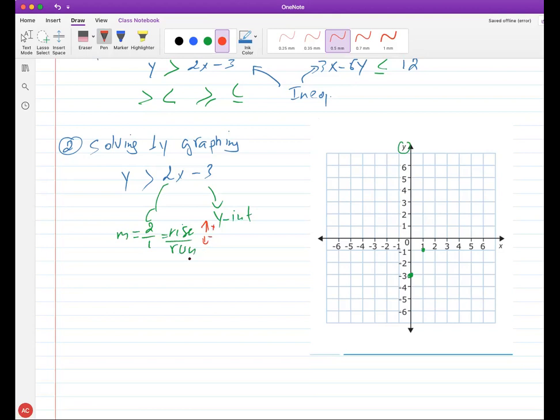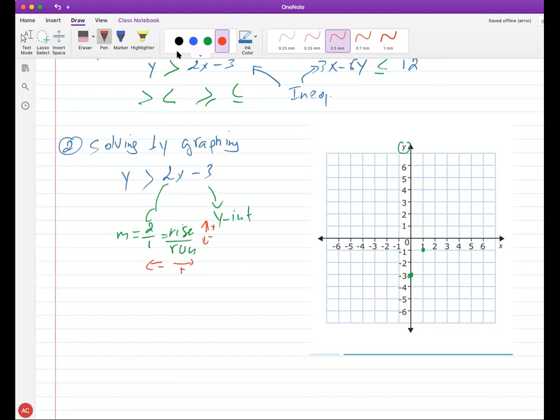If it's negative, we go down. Same thing with the run. It's either left or right based on the sign of the number. So it's very simple to graph using the rise and run. Start from this on the y-axis, go up 2, to the right once, and that's it. That's the line basically. Now we're going to draw the line and shade one side of the line.